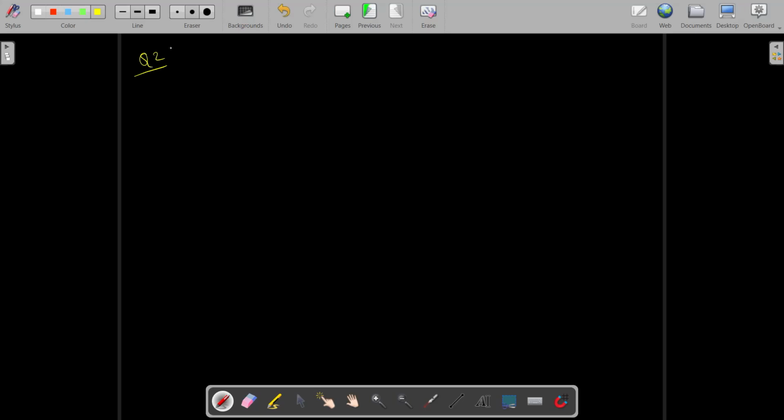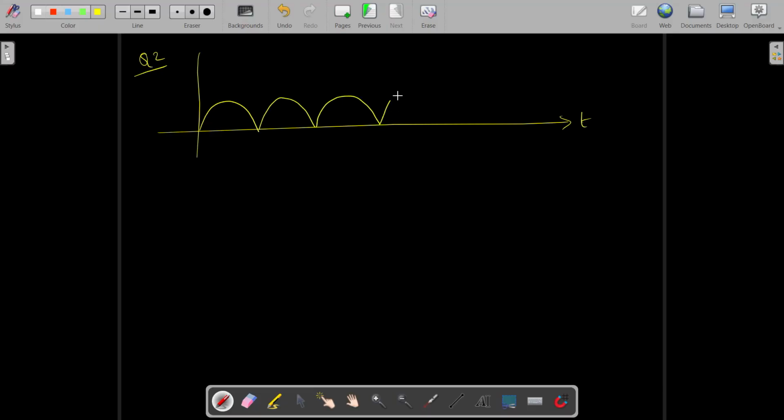So let us solve question number 2 based on the average value calculation. The question is: given x of t, this is the signal they have given, and so on, repeats forever.